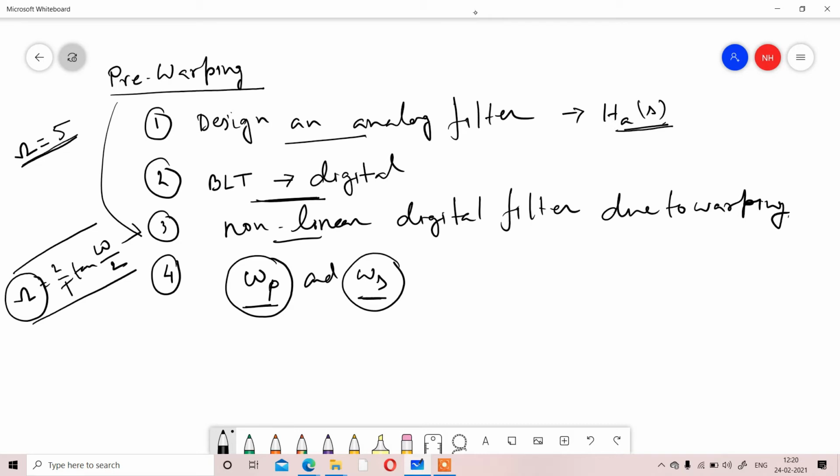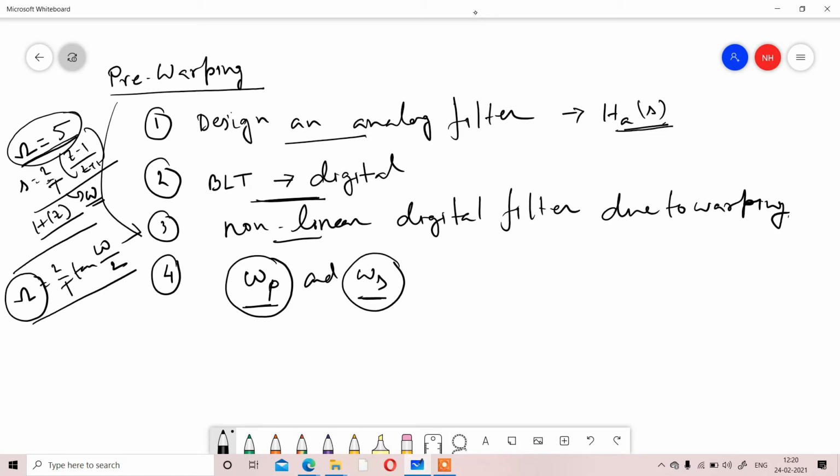Depending on that analog frequency, you have used the bilinear transformation. You have represented s equal to 2 by T, (z minus 1) by (z plus 1). Whatever H(z) you have got, in that H(z) that is your omega, and with respect to that omega you have got some value of digital omega.